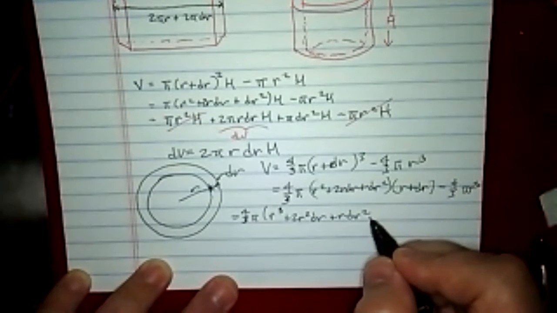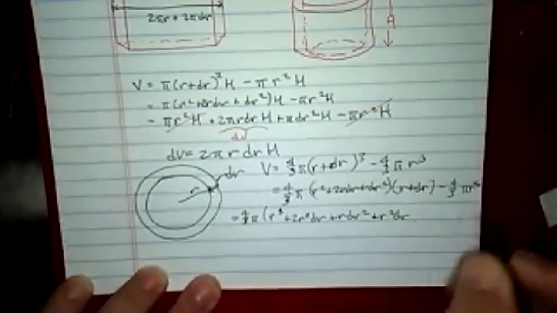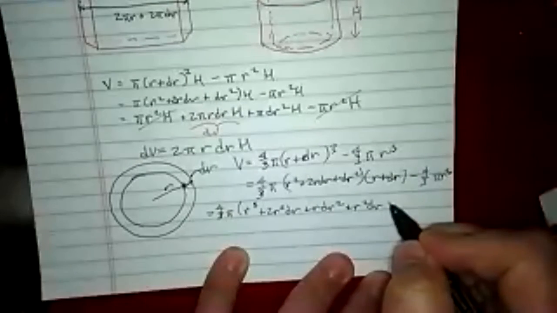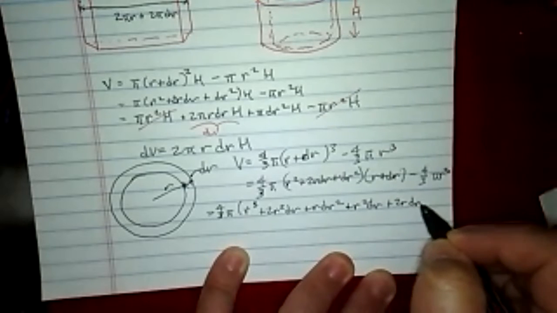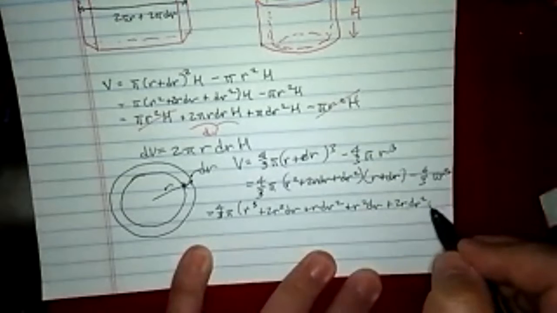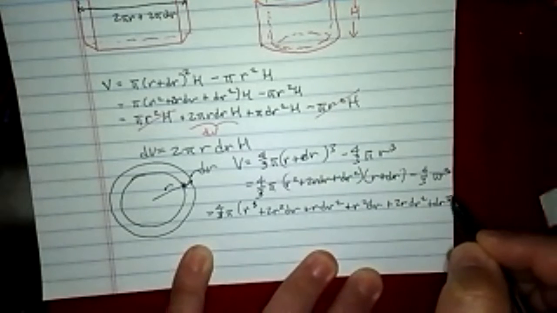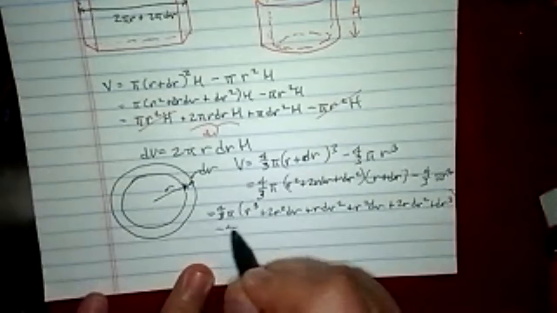Now I got to make the dr hit it, so it'll be plus r squared dr plus 2r dr squared plus dr cubed.